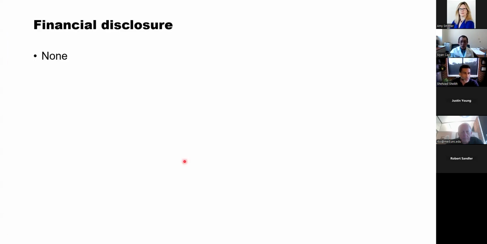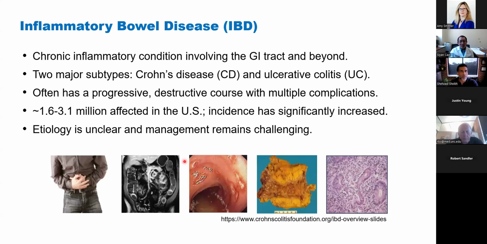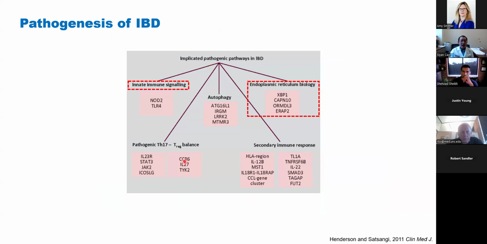I have no financial disclosures, and I'm just going to give a very brief introduction of inflammatory bowel disease. We know it's an inflammatory condition involving the GI tract and beyond, including two major subtypes, Crohn's disease and ulcerative colitis. It's a challenging disease, and the etiology of this condition is still unclear.